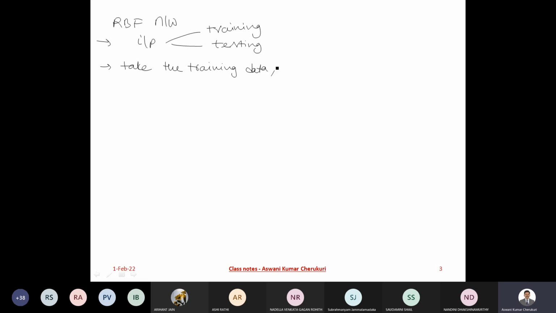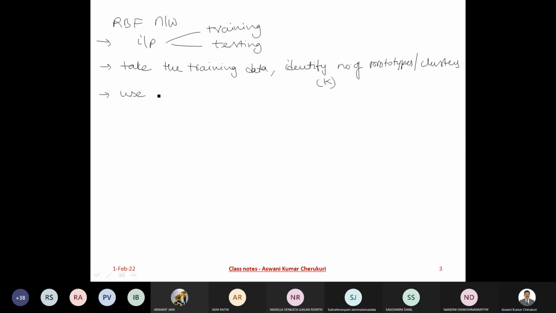Then identify how many prototypes you want to create. This is one of the heuristics: the number of prototypes or clusters you want to create. Imagine you want to make K clusters or K prototypes.